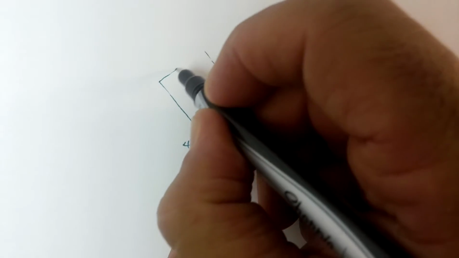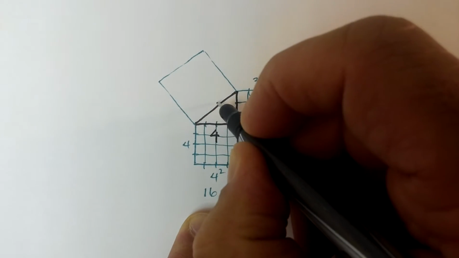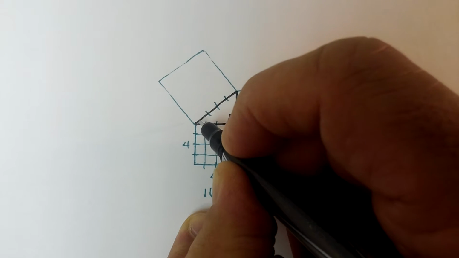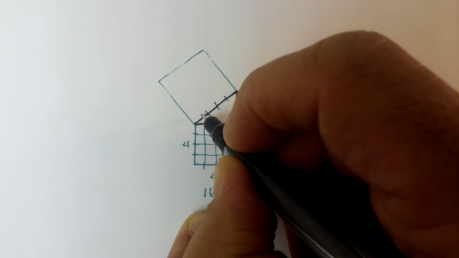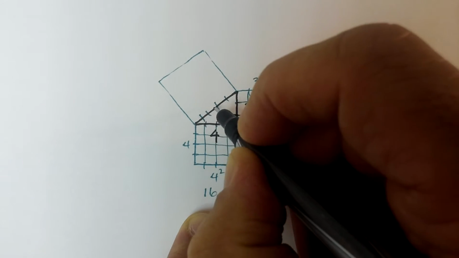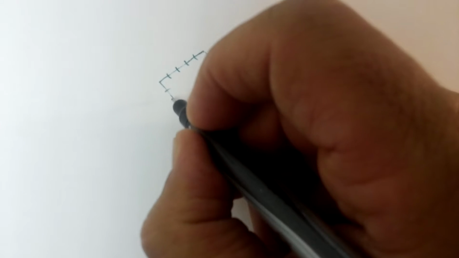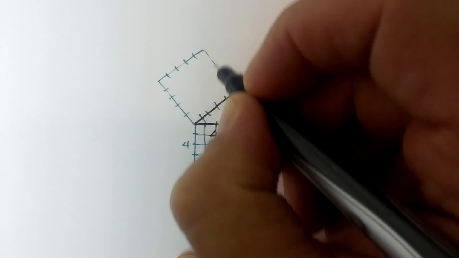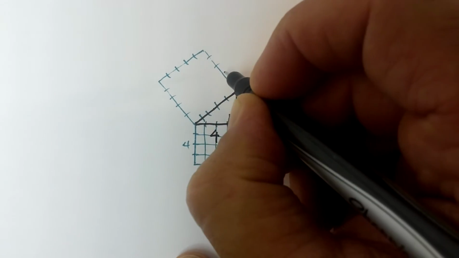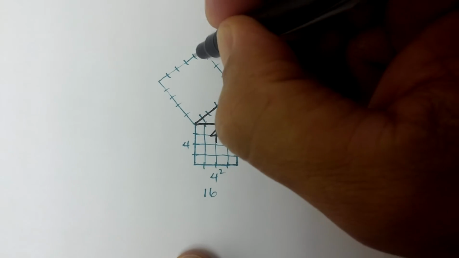According to the Pythagorean Theorem, 1, 2, 3, 4, 5. There we go. 1, 2, 3, 4, 5.